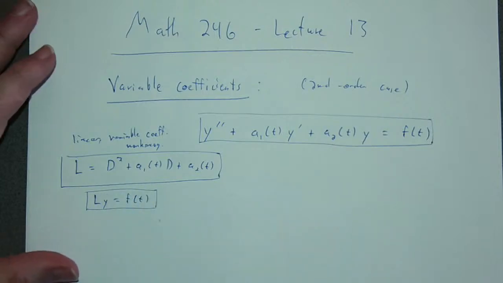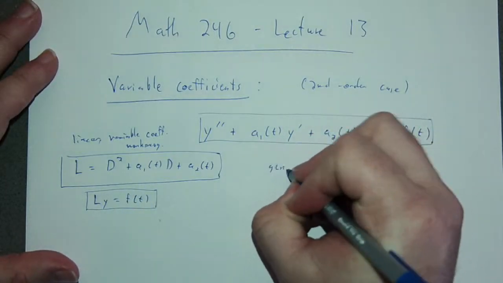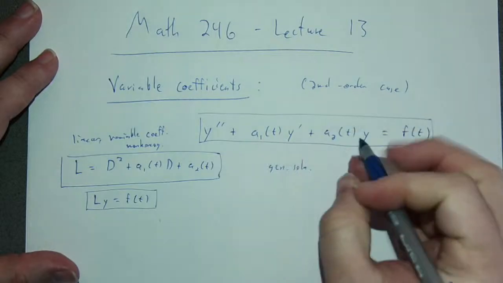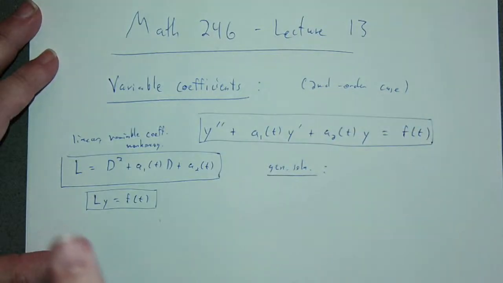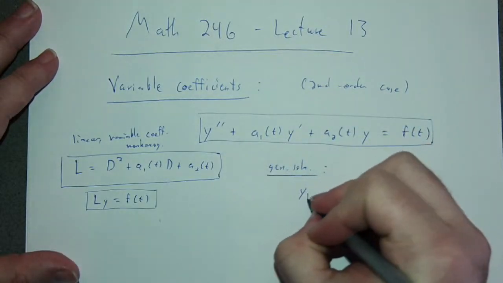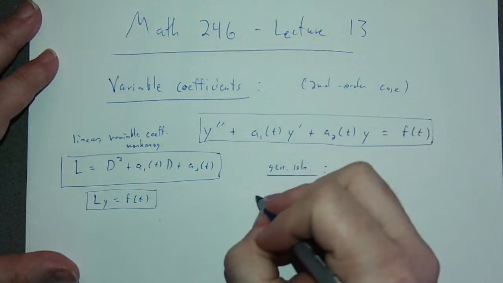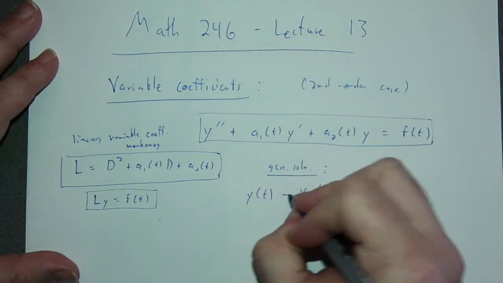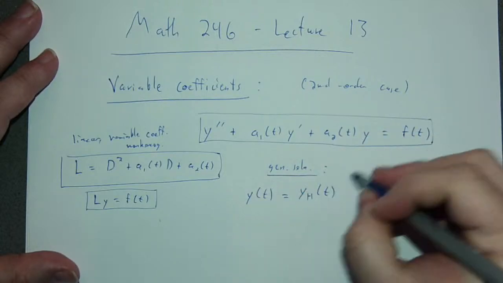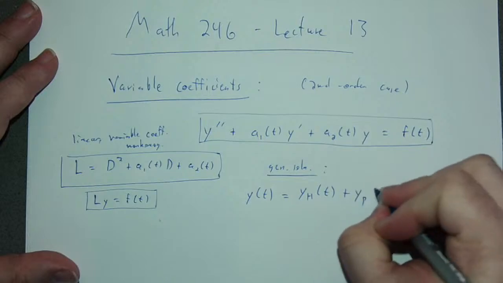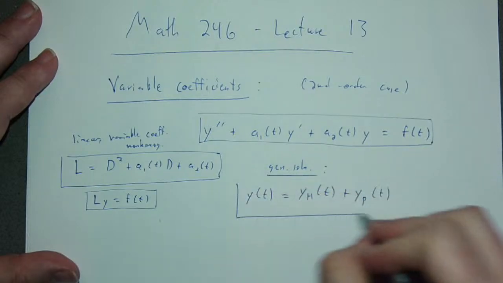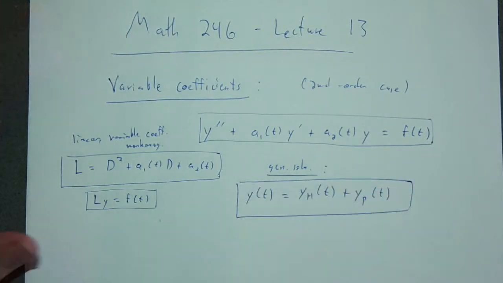Now, the general solution to this is still going to be y(t) equal to the homogeneous solution plus a particular solution. What do I mean by this?